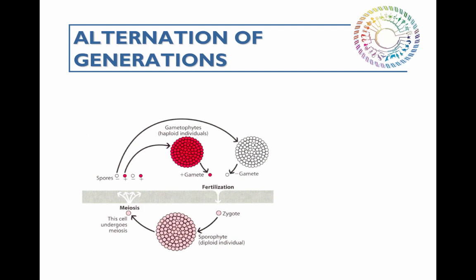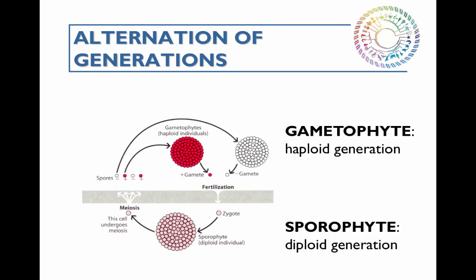Now, alternation of generations refers to a life cycle in which there's a multicellular phase of the life cycle in both the haploid and the diploid phases. And the terms we give to these multicellular organisms are the gametophyte and the sporophyte.